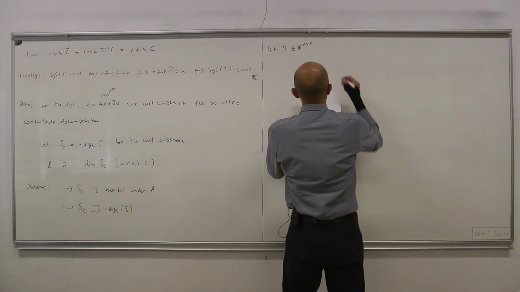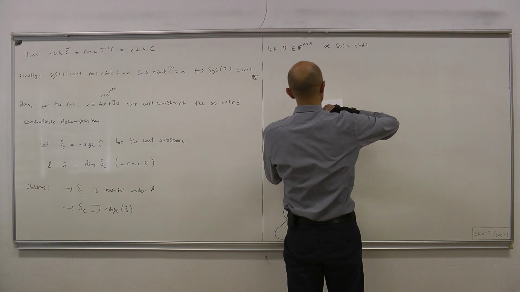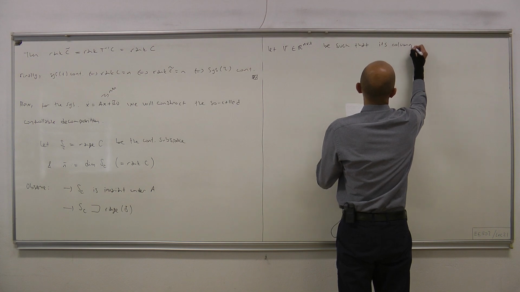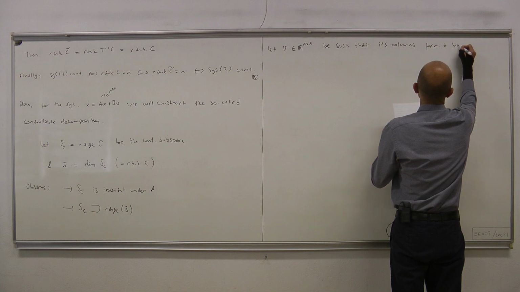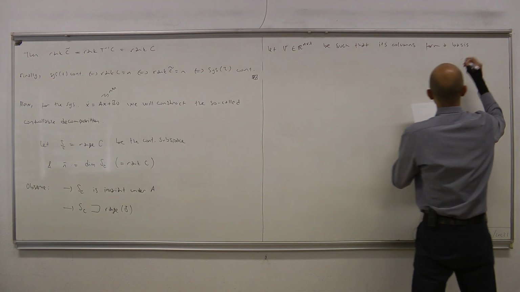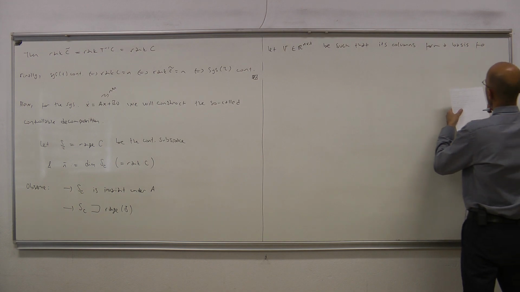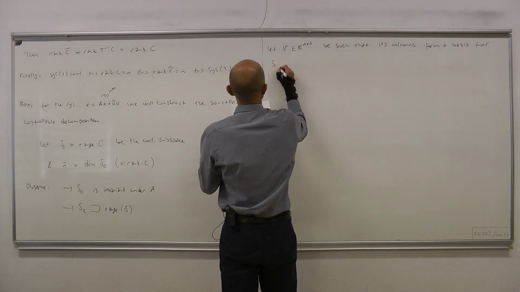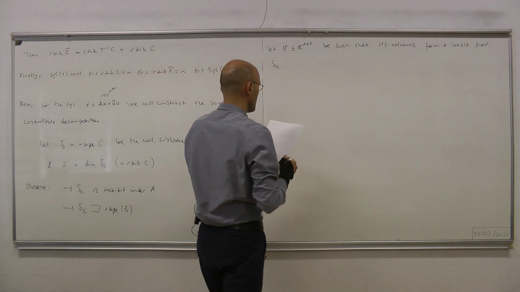So V is such that its columns form a basis, so by definition they are linearly independent, for the controllable subspace, which we denote by S_C.